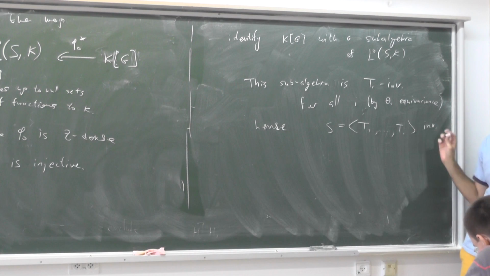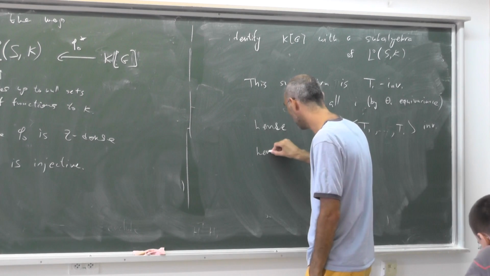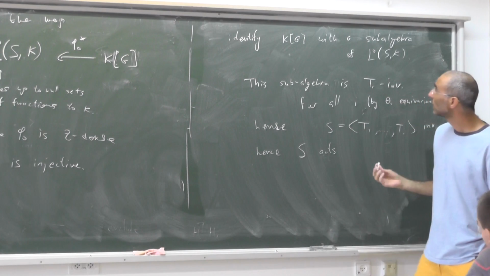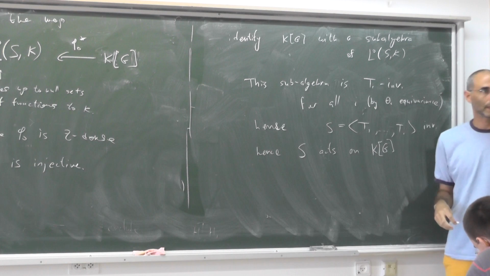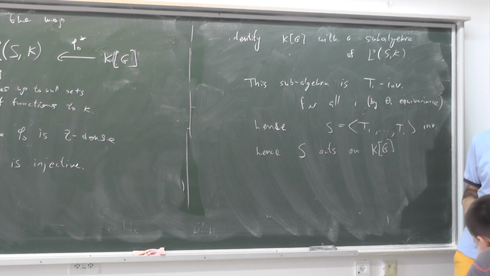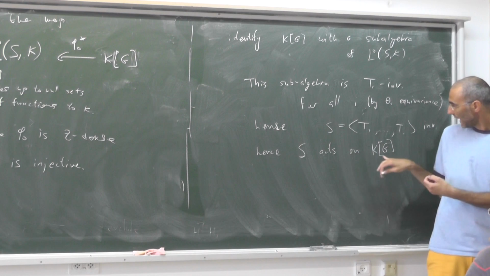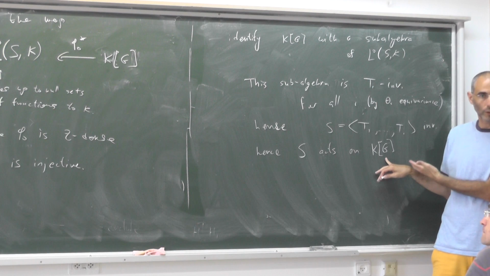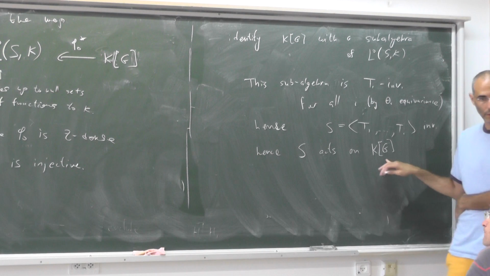So we get that the image is S invariant. In particular, S acts on the image which we identify with KG. So of course, each TI acts on that thing via theta I, but we know that the group generated by all these images must be S. Finally, we are heading there, right?